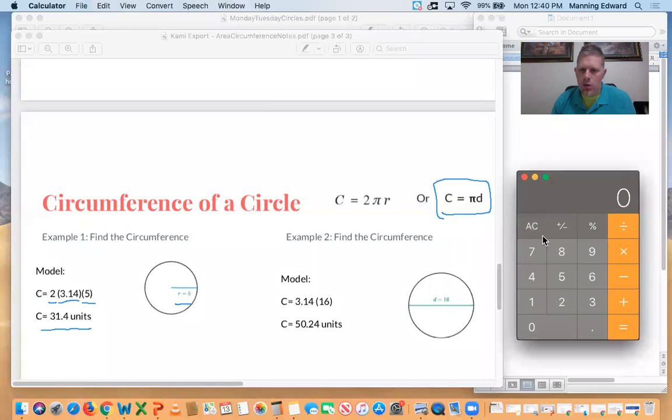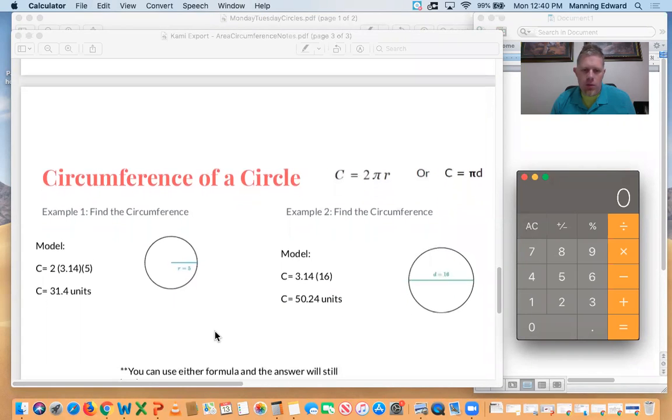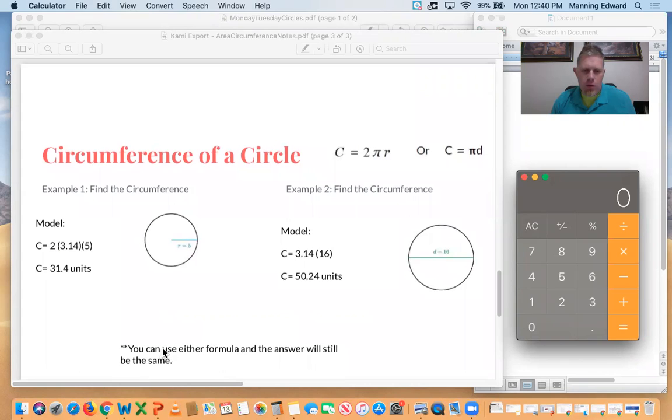And you can see on my calculator, if I do 3.14 times 16, I will get 50.24 units, which is right there. All right, I think this is probably pretty simple for you guys, given there's a double whammy. What I mean by that is we have gone over this in the past. You can use either formula and the answer will still be the same.